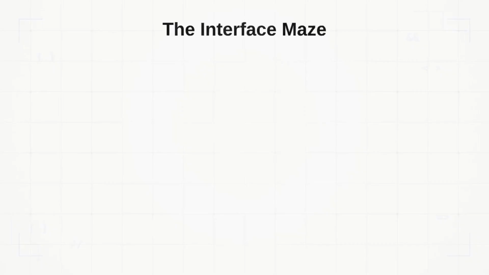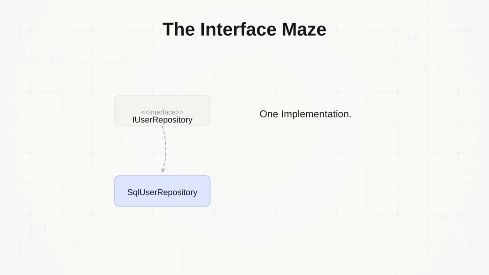Then there's the interface for everything rule. To keep the core decoupled, we define interfaces for every external dependency. IUserRepository, IEmailService, IPaymentGateway. This sounds good for testing, but in reality, most projects have exactly one implementation for each interface. When you use go-to definition in your IDE, you don't land on the code that actually does the work.